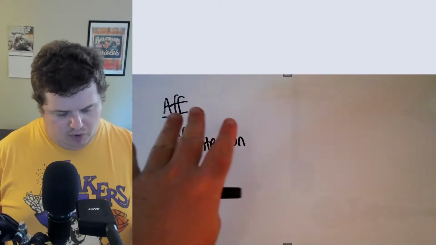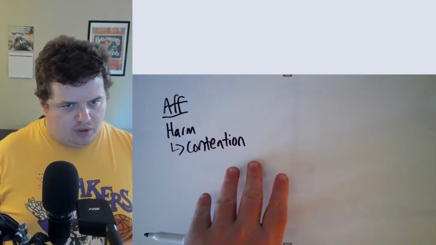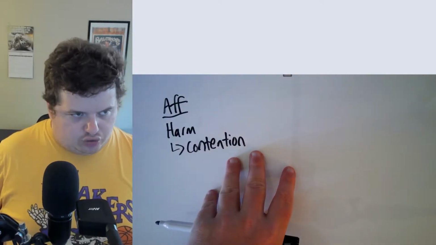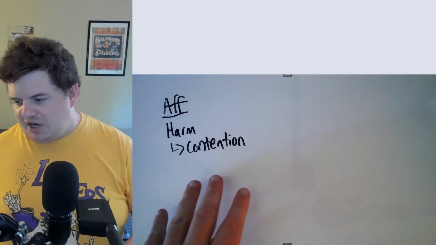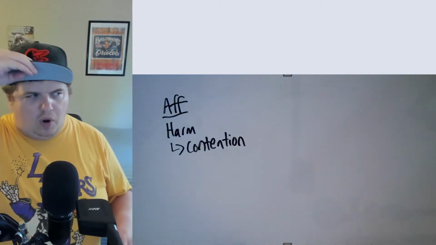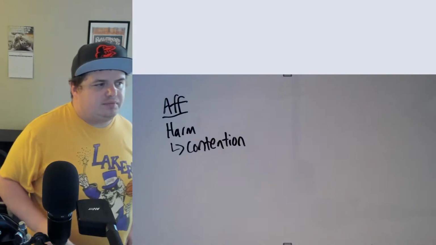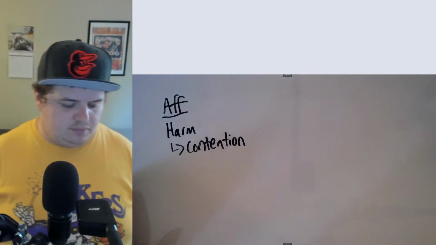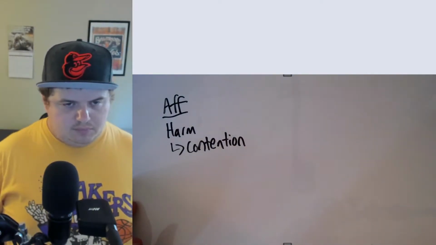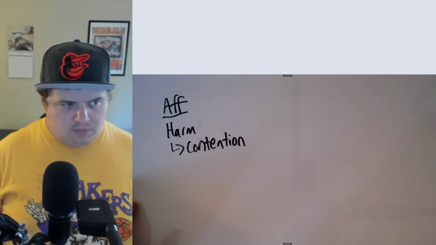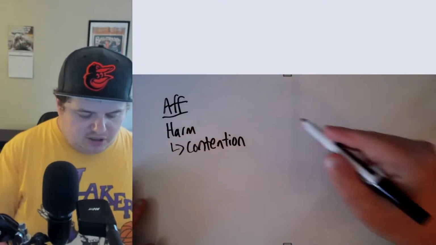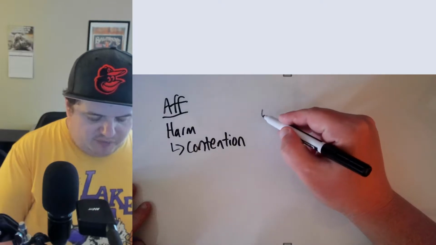So, in a counterplan, what does a counterplan try to do structurally or substantively in the debate? What does it do? It does two things, and I think that this is a good way of thinking about it.